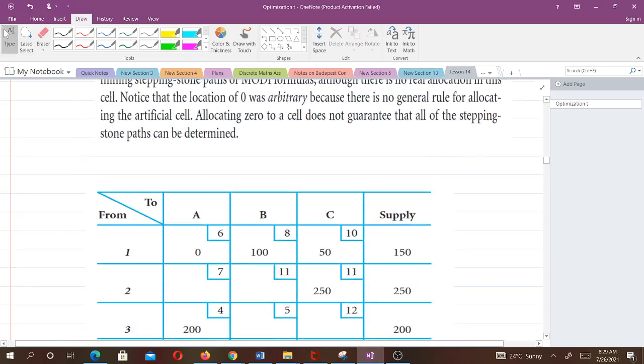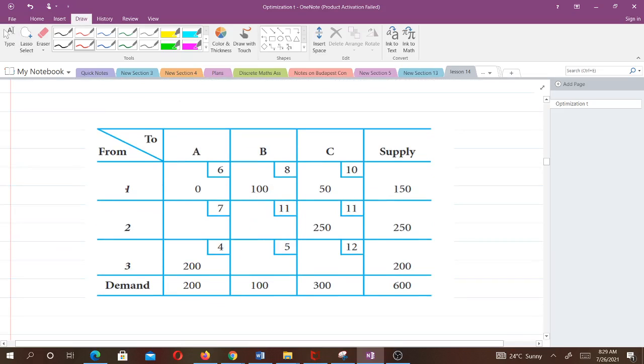For instance, with this problem, if the route from supply 1 to this destination is prohibited, then instead of the cost of 8 here, we are going to assign a very large cost of M, so that there won't be any allocation there.